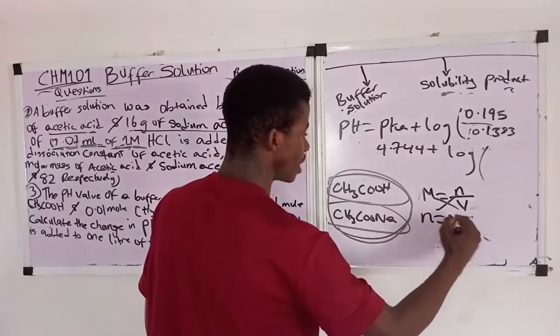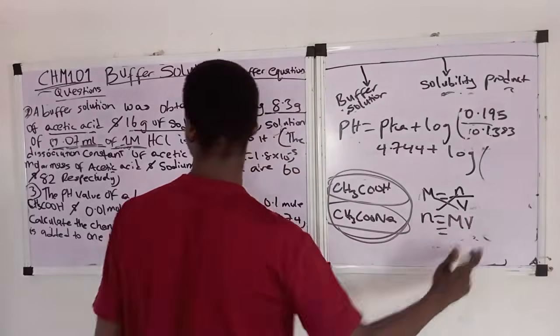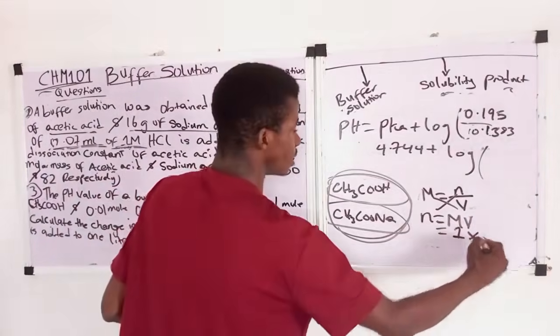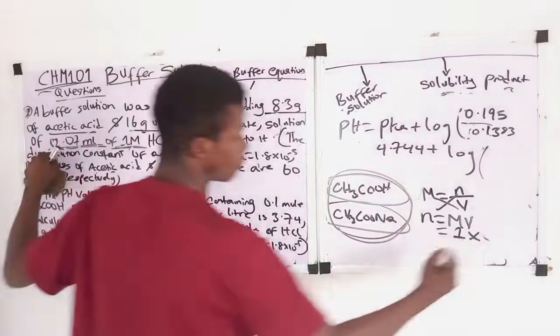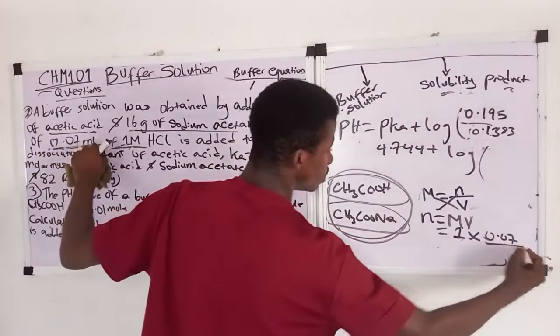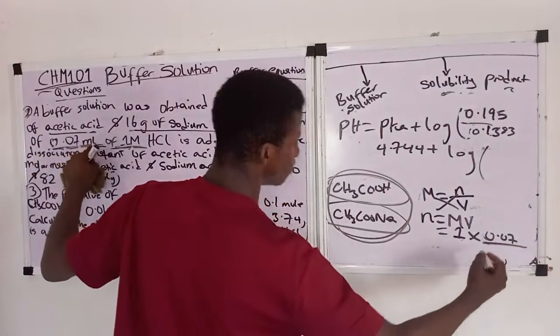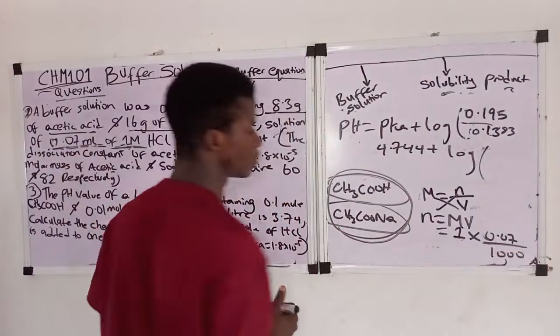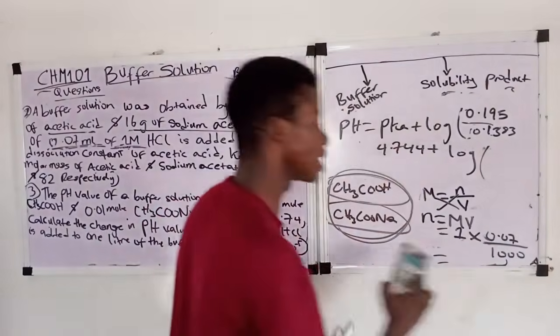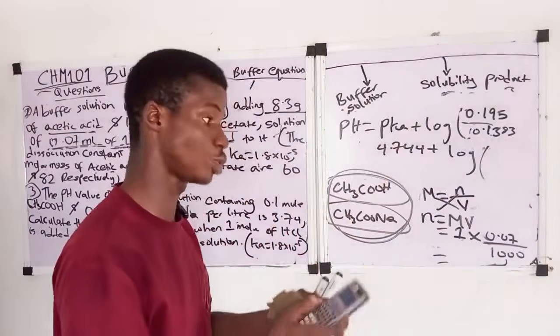So molarity times volume. The molarity of the acid is 1. Then the volume is 0.07. Now since it is in ml, we need to convert it to liters by dividing by 1000. So 1 times 0.07 gives us 0.07.